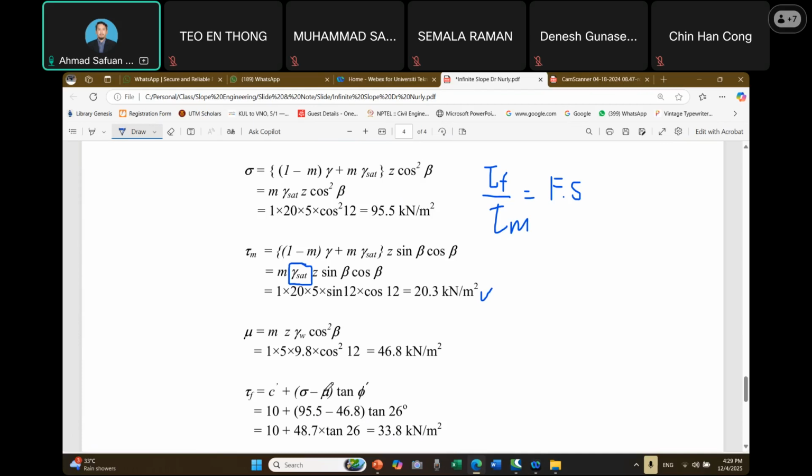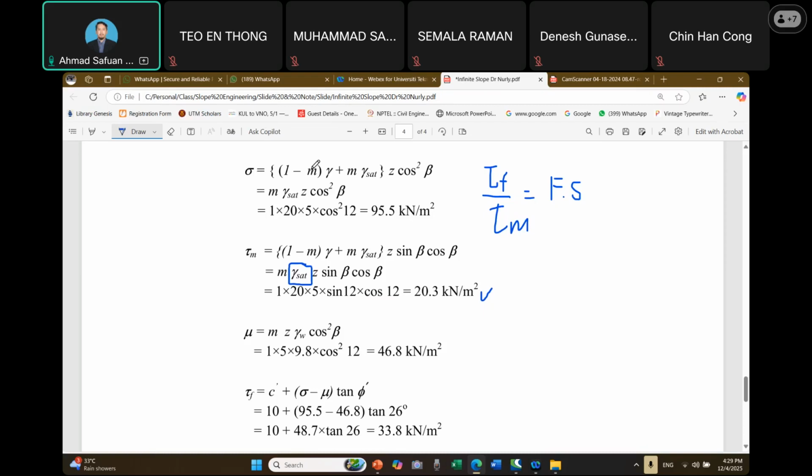So for the sigma, these are the equations: 1 minus m unit weight plus m unit weight saturated times z cos square beta. From there, we get 95.5, where 1 times 20 times 5 times cos square 12. So that is for the sigma.